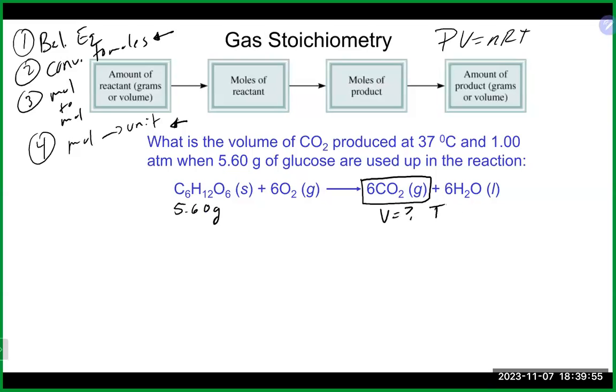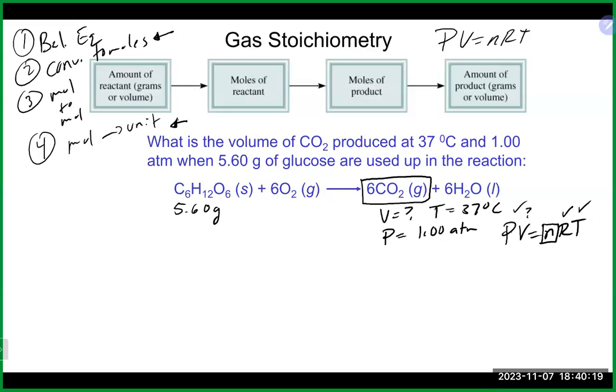The temperature is 37 degrees Celsius. The pressure is 1 atmosphere. So in this particular case, if we think about the ideal gas law, PV equals nRT, for the CO2 we have a pressure, we have a temperature, we always have R, and we are looking for volume.